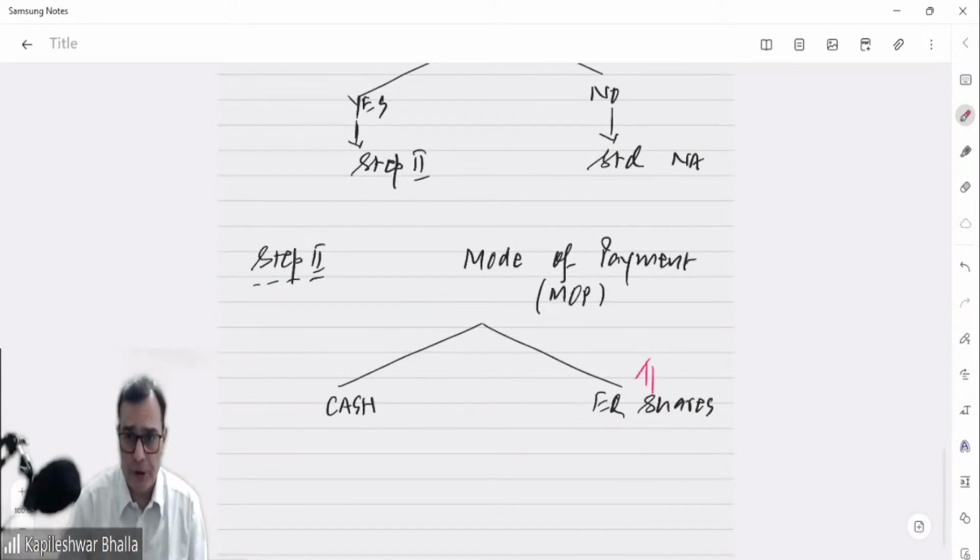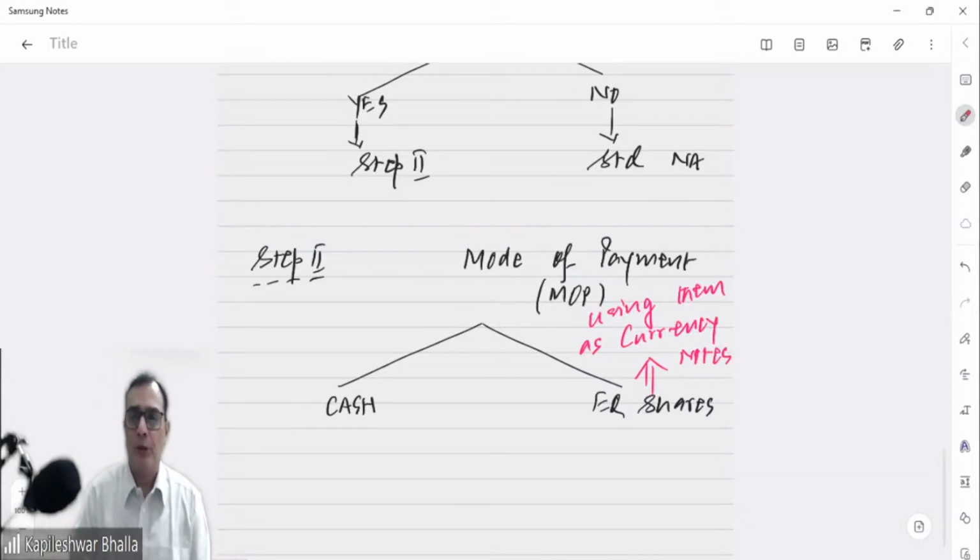Let me mention it out here: using them as currency notes. That means the company could either use cash as a medium of settlement, or the company could use its own equity share as a currency note to settle the obligation.